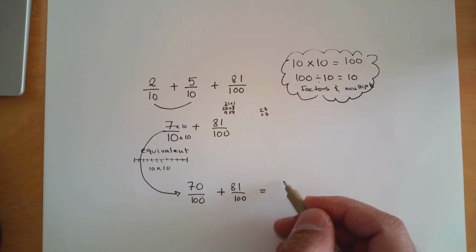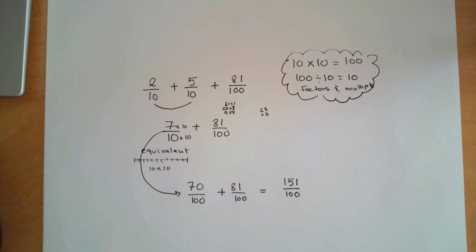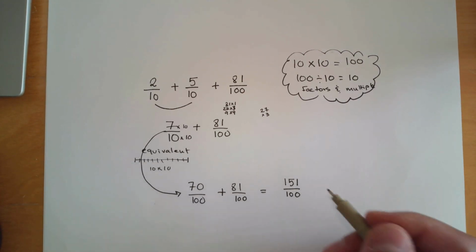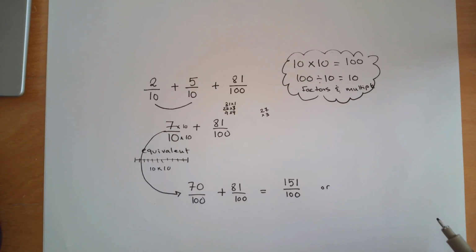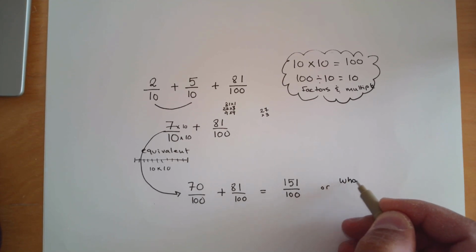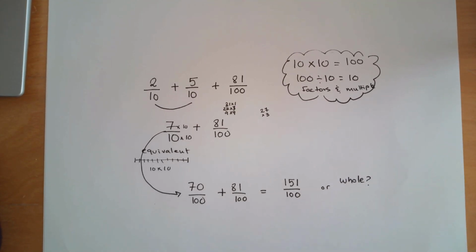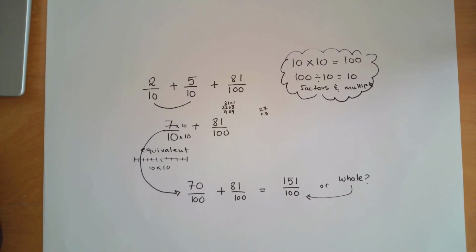So that will become 151 hundredths. Okay? I can leave my answer like this, or if I have been asked to change my number into a mixed number, I have to remember what a whole is in this case. The denominator tells us what the whole is made of.